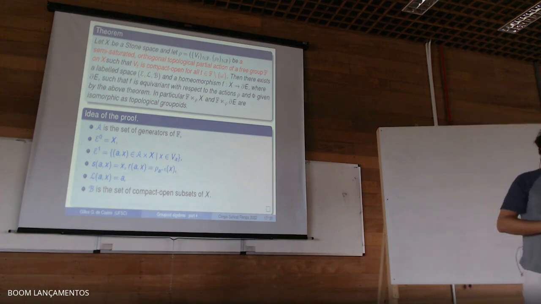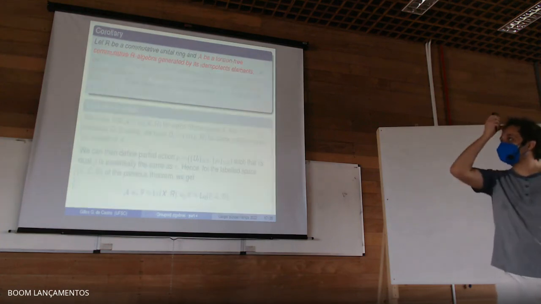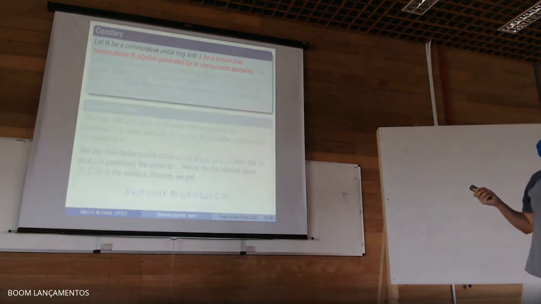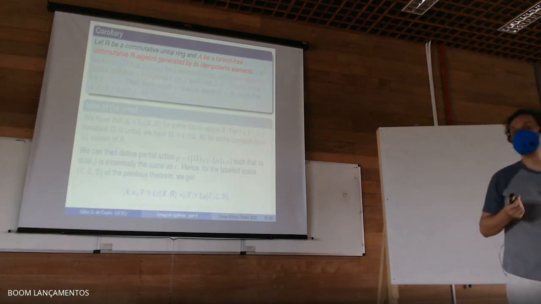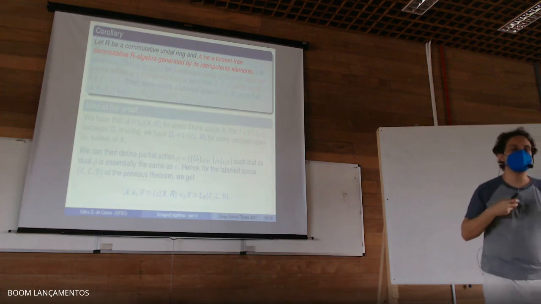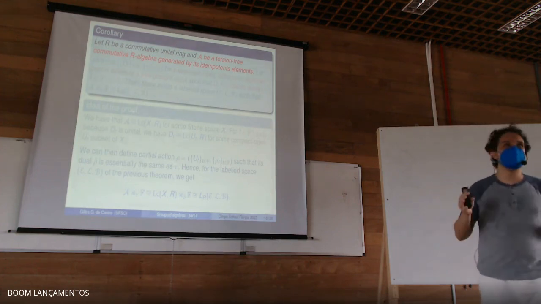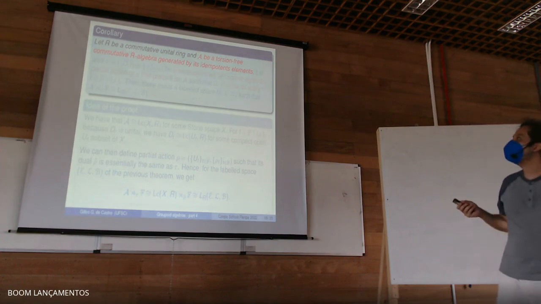And we could do the same thing now for the algebraic setting. In the algebraic setting, what we need is a commutative algebra, because we saw yesterday that we have a commutative algebra generated by idempotents, which is torsion-free. You don't need torsion-free, you just need torsion-free on the idempotents.